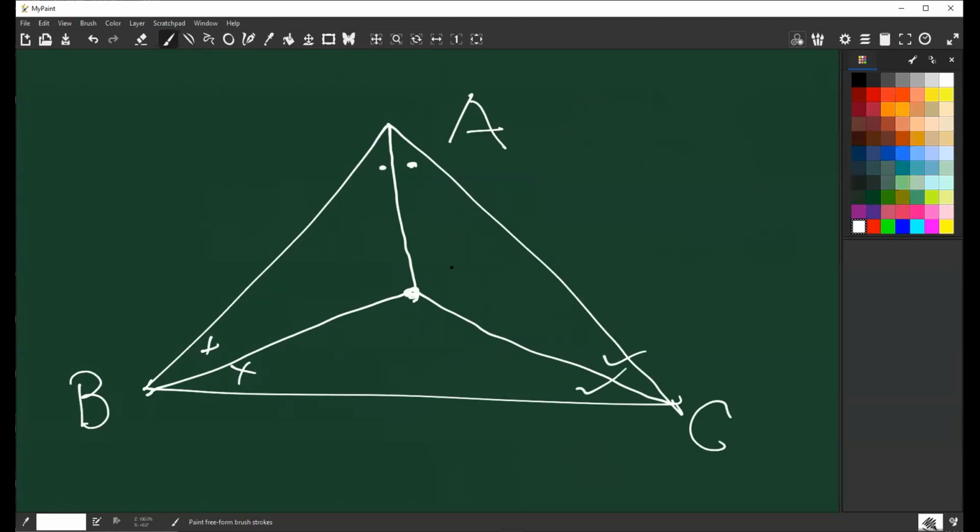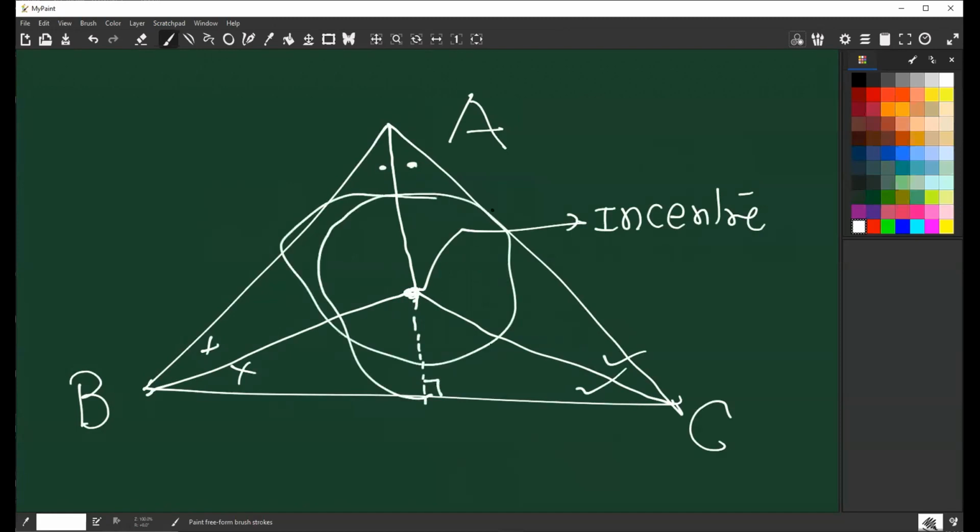So this is the incenter. It is the point of concurrence of the internal angle bisectors of a triangle. And as an extension, if I drop a perpendicular from it, it becomes the inradius. It touches all three sides.